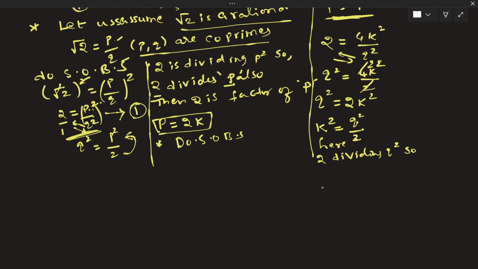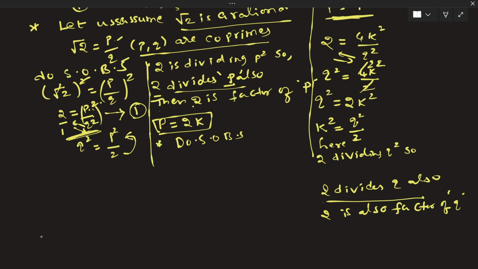So 2 divides q also, isn't it? So from this statement and from this statement, what we can say, 2 is dividing p and as well as 2 dividing q. So here 2 is also a factor of q.